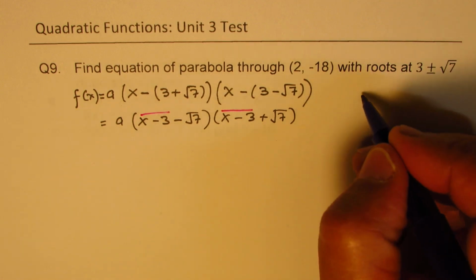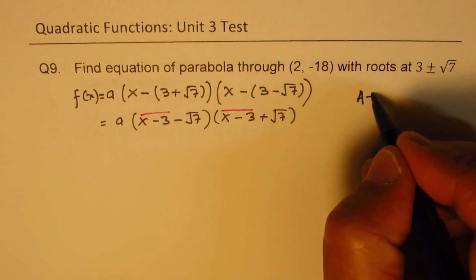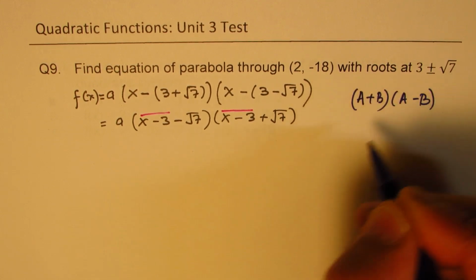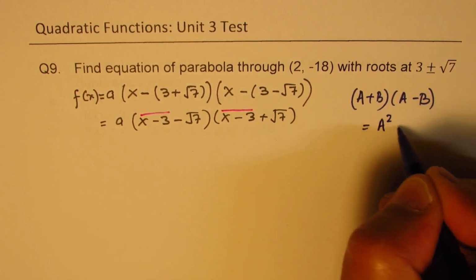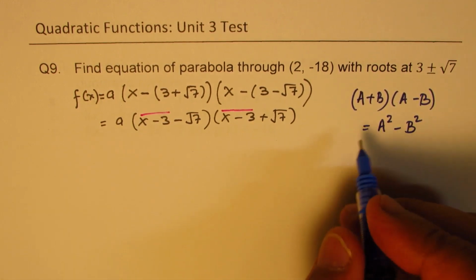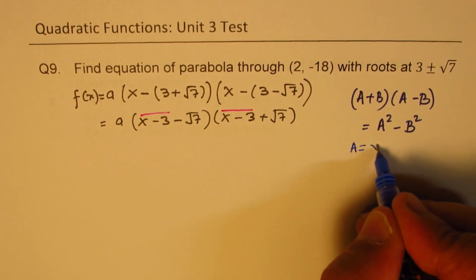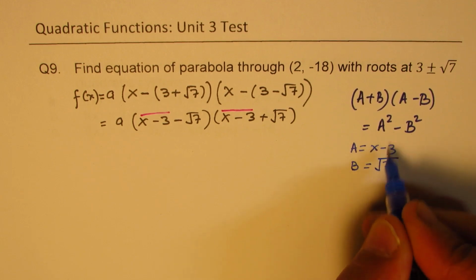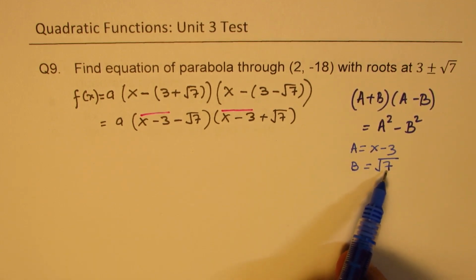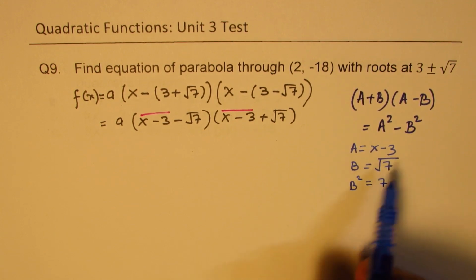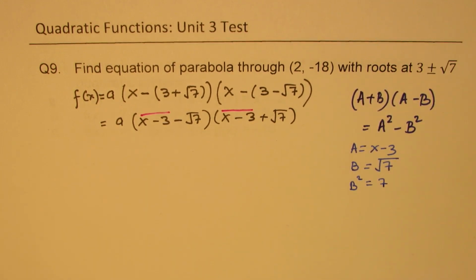So we'll use the strategy that if I have a plus b times a minus b, if you multiply that, you get a square minus b square, correct? So here, in our case, a is equal to x minus 3 and b is equal to square root of 7, right? So if you do b square, you get 7, clear? So that is what we are going to use here.